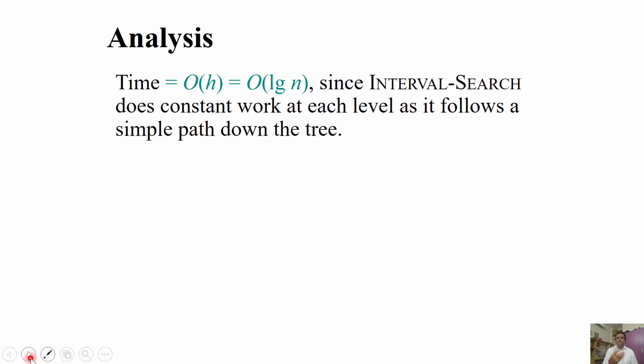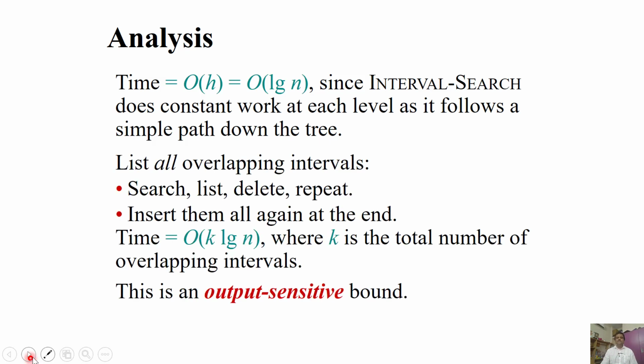Now suppose there are k intervals which are overlapping with this, and we want to list all of them. Our given interval search code can return only one. How do we return all the k intervals?